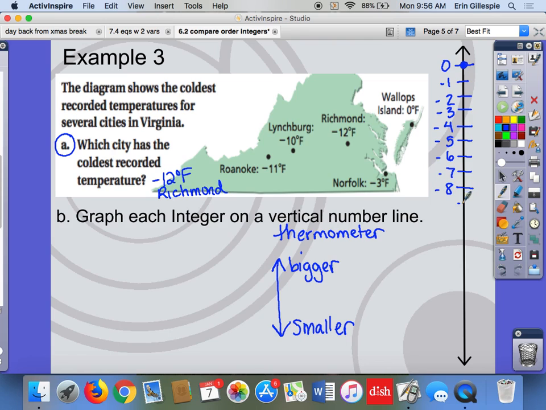In this case, I'm just going to count by ones, because I can pretty easily fit that in. So my other values were -3, -10, -11 and -12. So you should have dots on your number line at 0, -3, and then -10, -11, -12. And it should look like that.